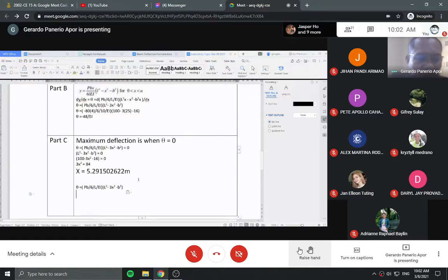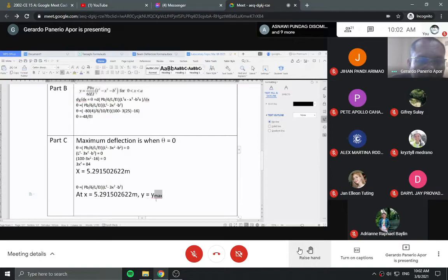So x equals 5.291502622 meters. Maximum deflection, y equals y max.